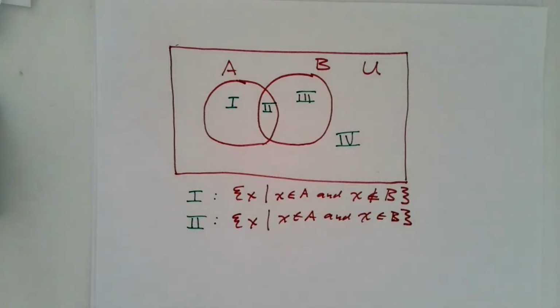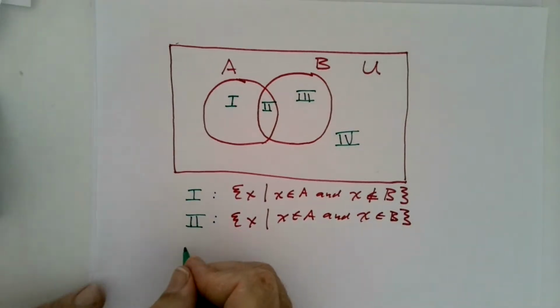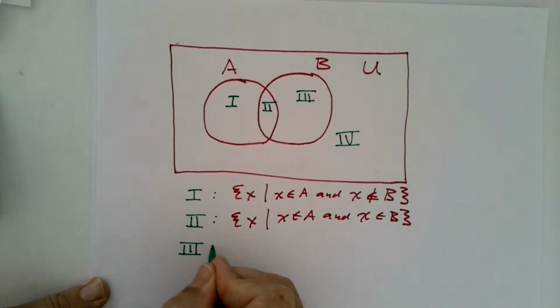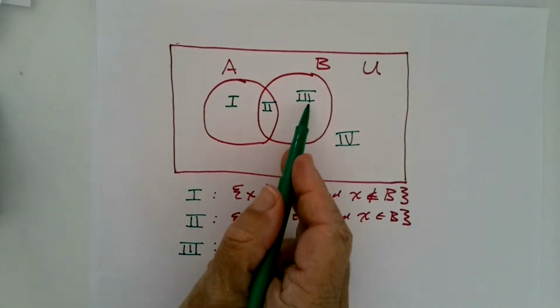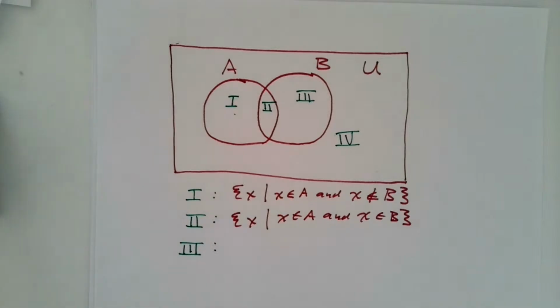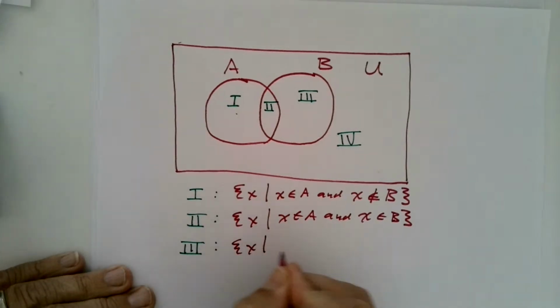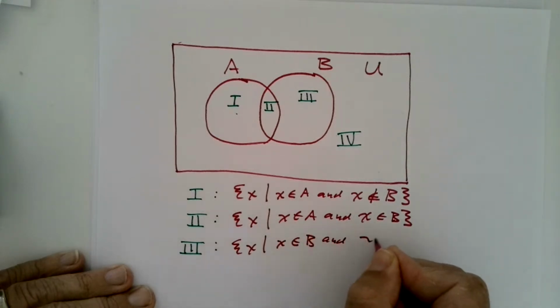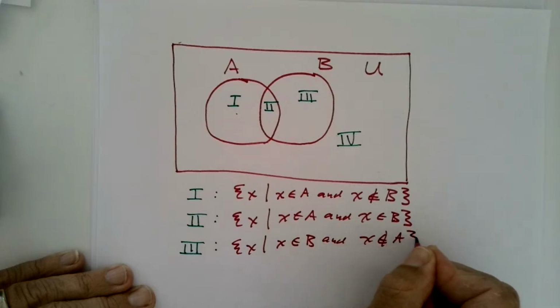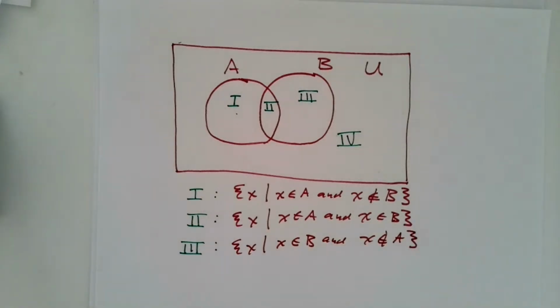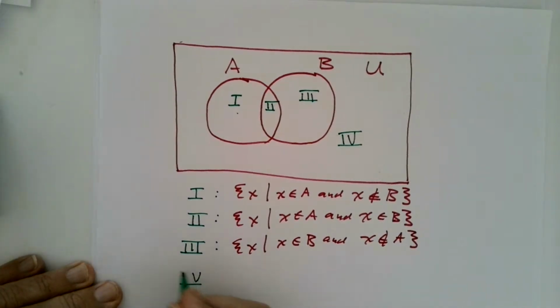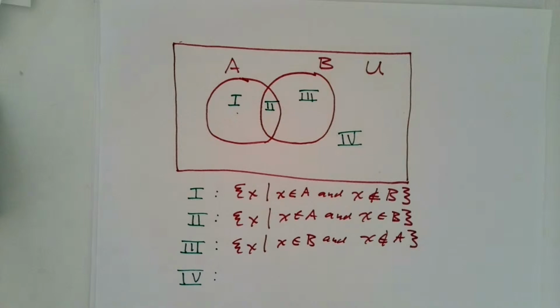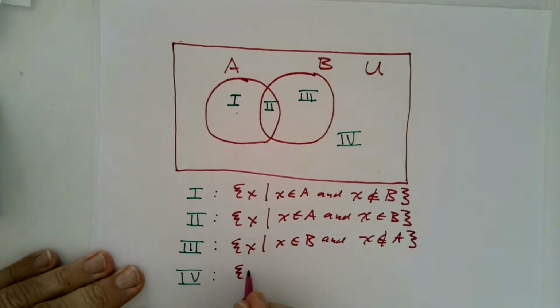How about region 3? Think about that for a second. Region 3. Well, we're in B, but we're not in A. So X such that X is in B and X is not in A. And then region 4, it's not in A and not in B. So those are our 4 regions.